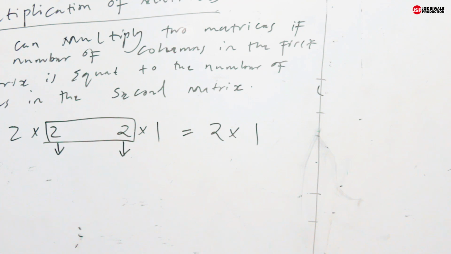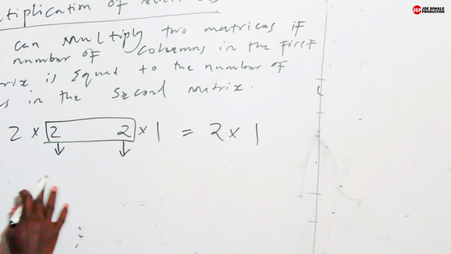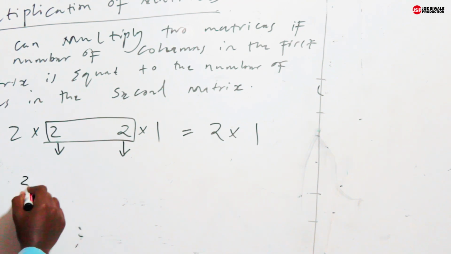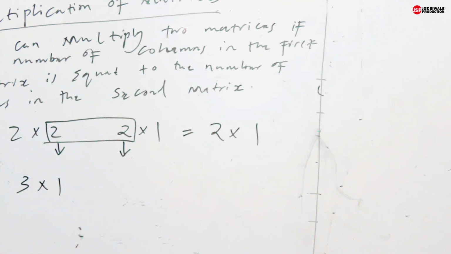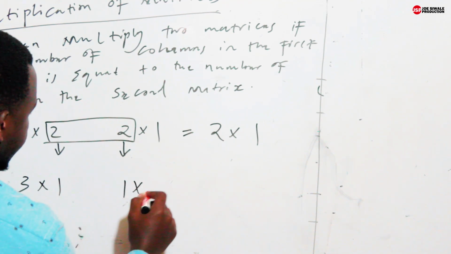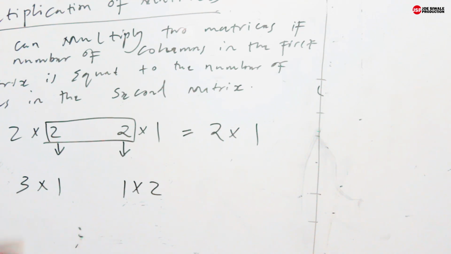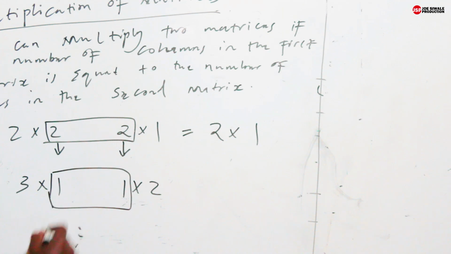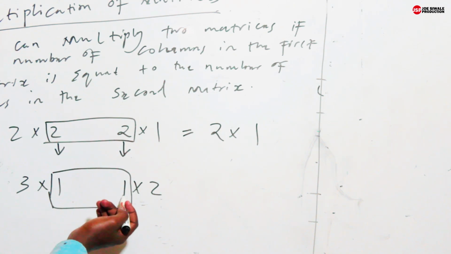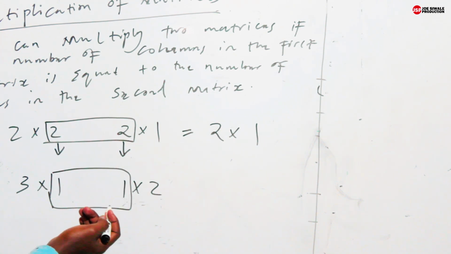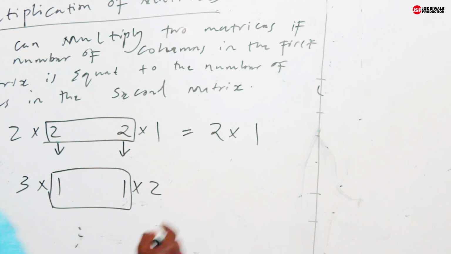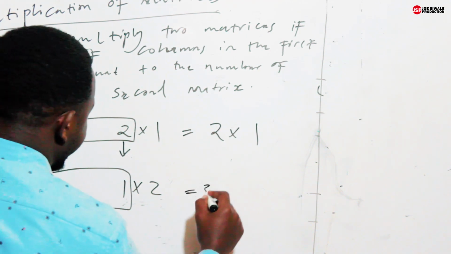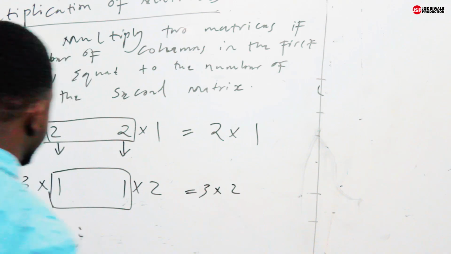Let us look at another example. So if the order of the matrix is in this form, a 3 by 1 matrix, then we also have 1 by 2. So what do we mean? We mean that we can multiply these two matrices because we have 1 column in the first matrix and we have 1 row in the second matrix. And our product there is going to be a 3 by 2 matrix.